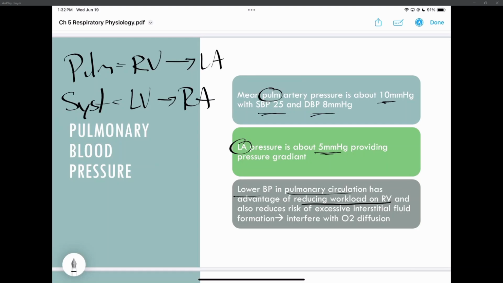Anytime you see excess interstitial fluid formation, remember, that's one of those layers you have to go through for diffusion. If we're increasing the interstitial fluid formation, we'll interfere with our O2 diffusion because we have a thicker layer to get through.